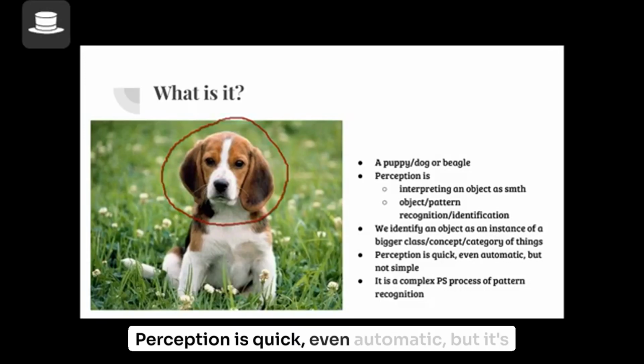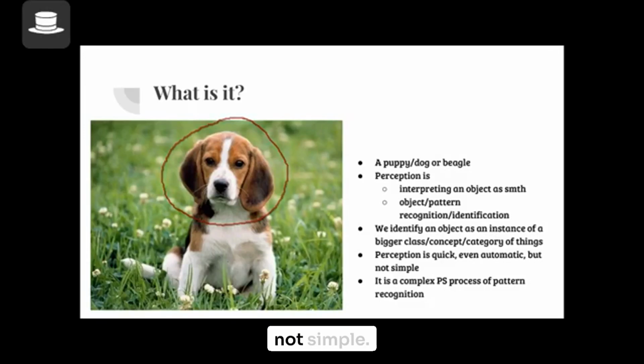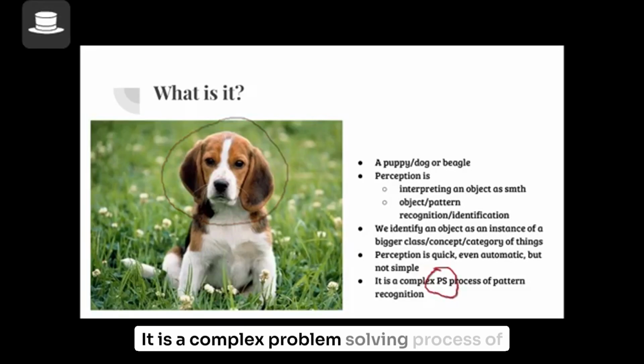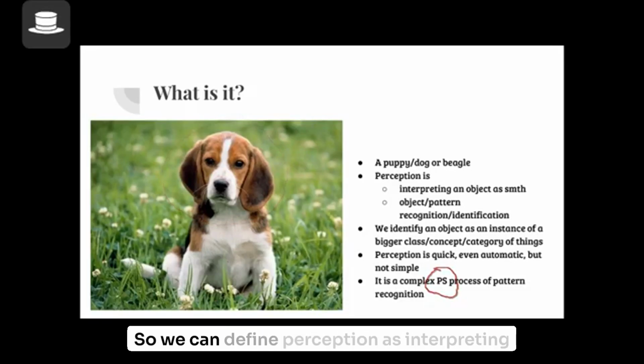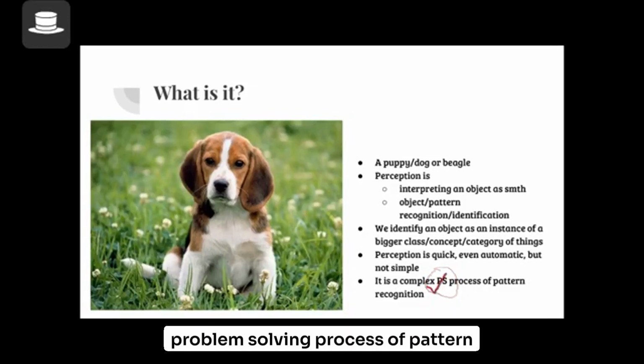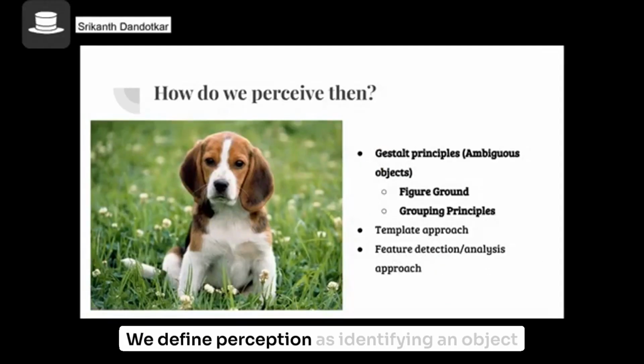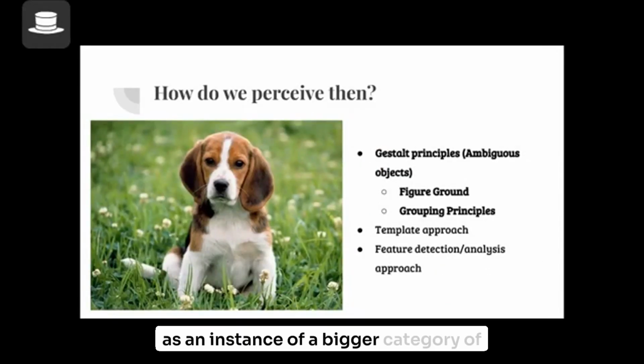Perception is quick, even automatic, but it's not simple. It is a complex problem-solving process of identifying the object or a pattern. So we can define perception as interpreting an object as something, which is a complex problem-solving process of pattern recognition. So we define perception as identifying an object as an instance of a bigger category of things.